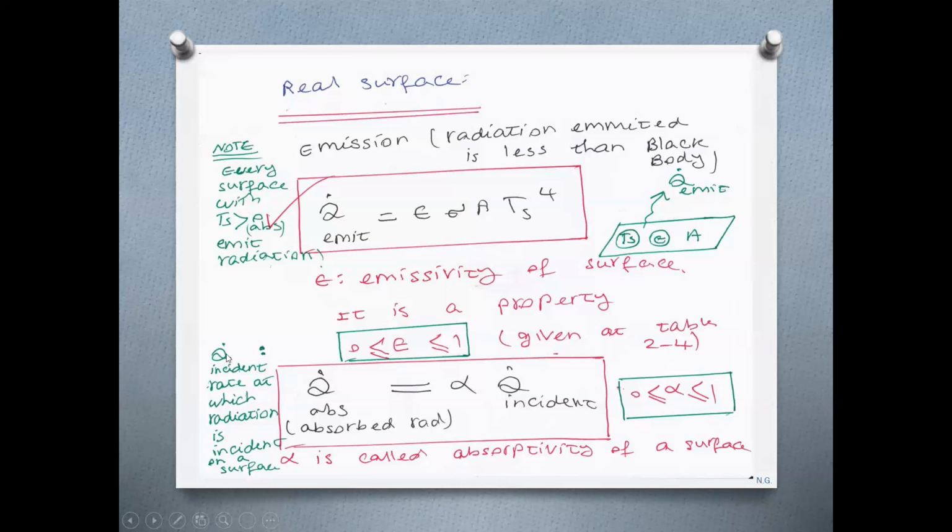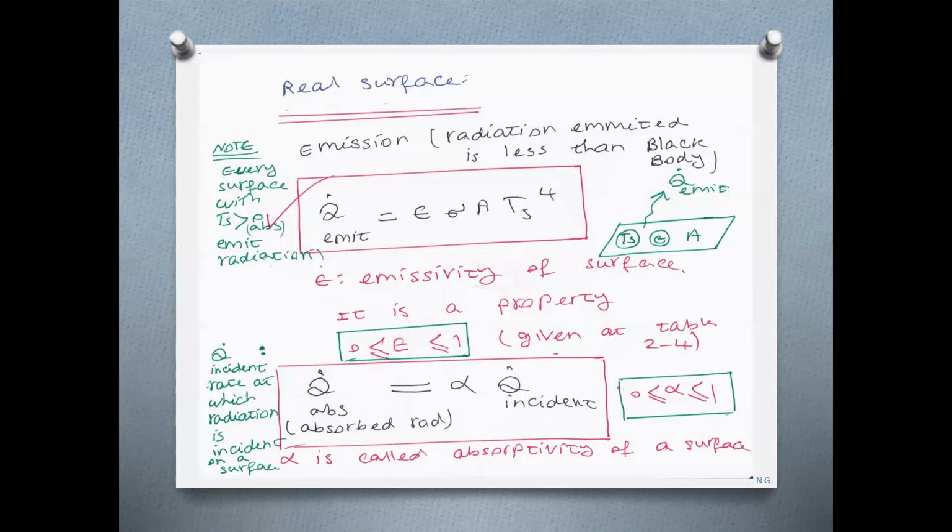And by the way, here in the note, I mentioned that every surface or every body with a surface temperature Ts greater than absolute 0 can emit radiation. And here we are. That's how you calculate it. And that is the emitted radiation just due to the temperature.